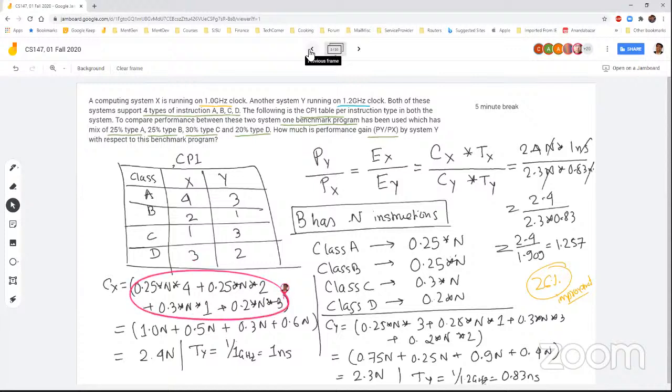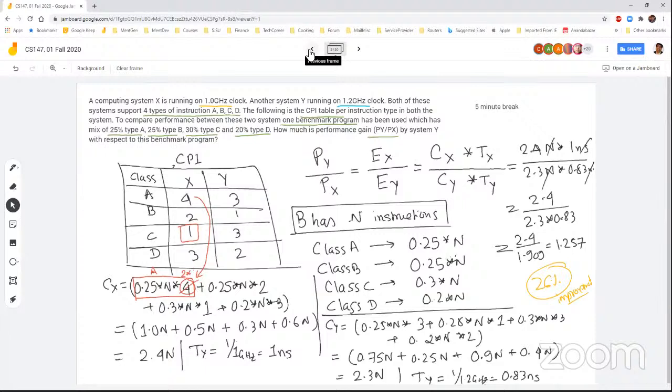Remember, this was for the type A, and this 4 was coming from here. So this problem is practically saying to replace that 4 with 2 of type C.